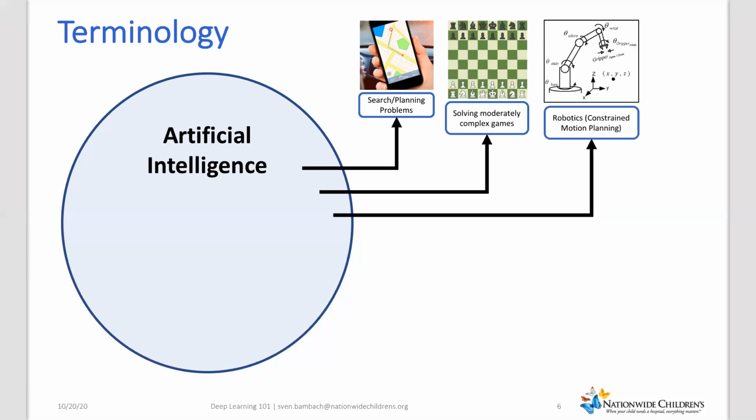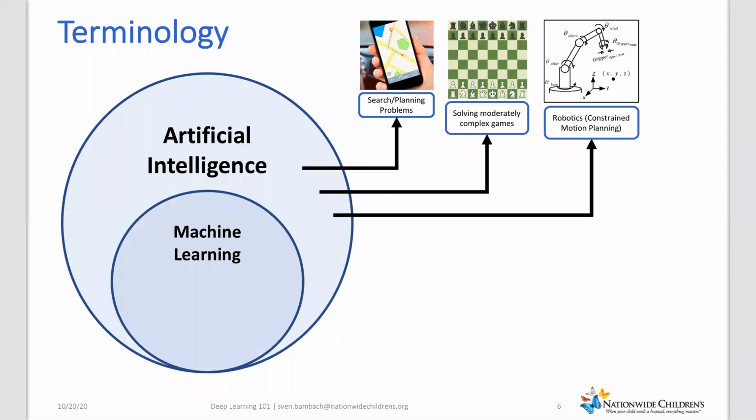And even simple robotics problems is something that we would consider AI, but have nothing to do with machine learning. For instance, imagine you have a robotic arm that has a bunch of joints and degrees of freedom. You want to grab a certain point in space. So you need to figure out how to move the robotic arm in order to reach that space. That's, again, a motion planning problem that you have to solve. It's considered AI, but it has nothing to do with machine learning.